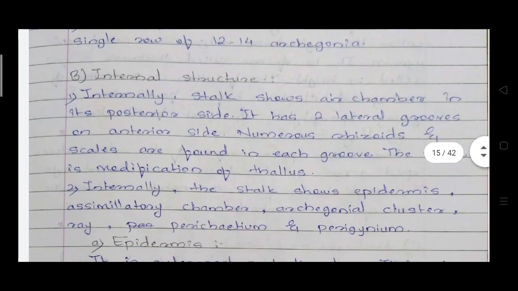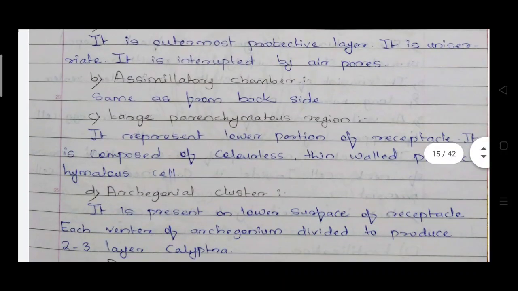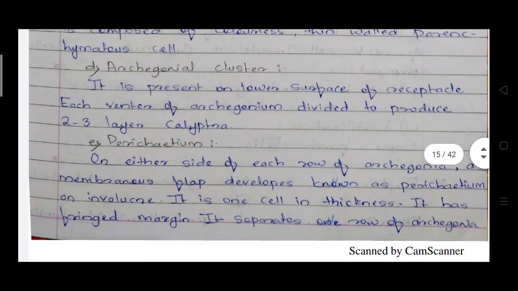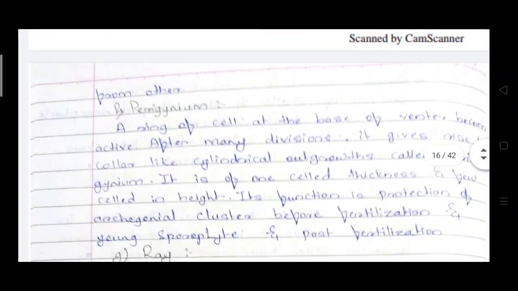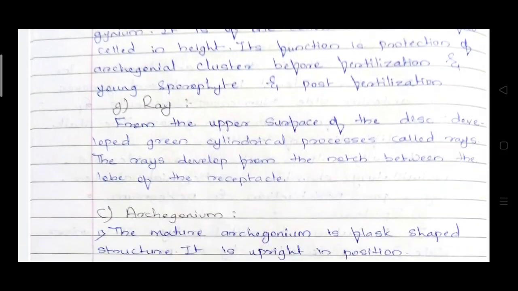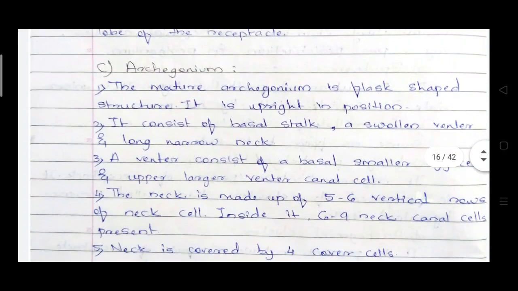Then some parts are similar, like epidermis, assimilatory chamber, large parenchymatous region, but there is a difference in the archegonial cluster, like perichaetium and perigynium, which play a role in protection. Then rays are present, which form the notches on the surface. Then the main part is the archegonium.